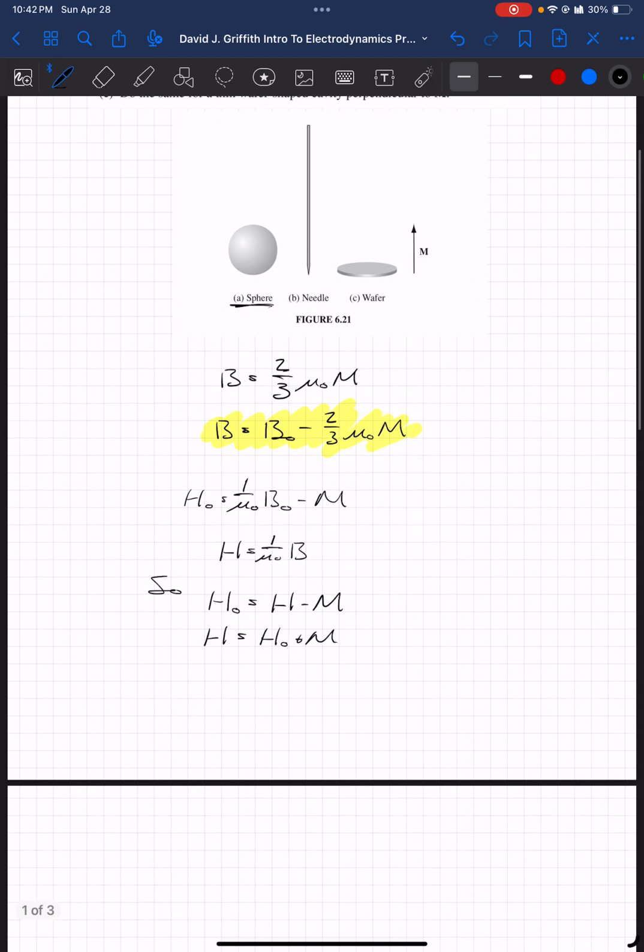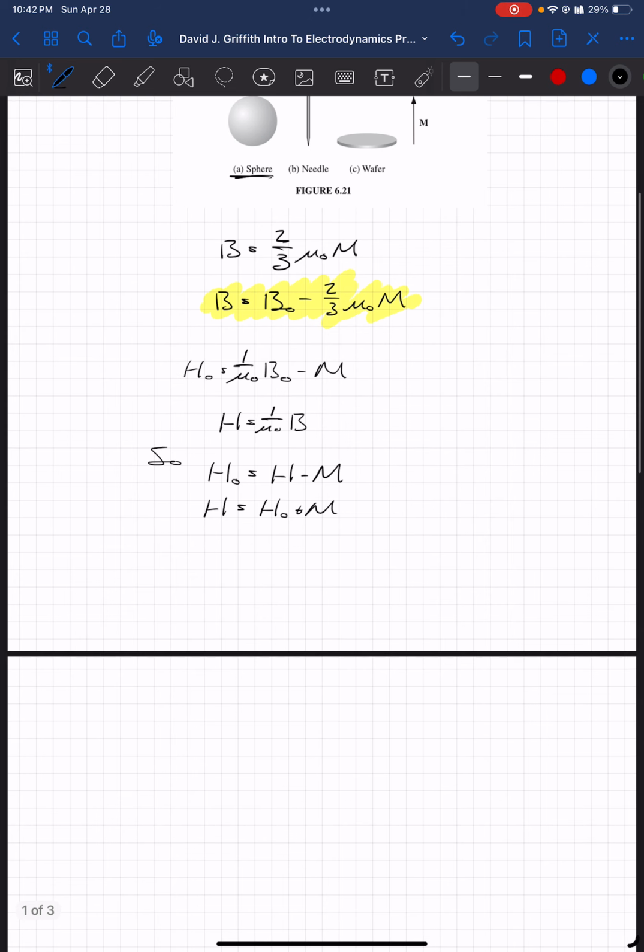So now that we have a different field, our H has changed. First we'll plug in what our original value for H naught was, which is 1 over mu naught times B naught minus M, plus the M here.